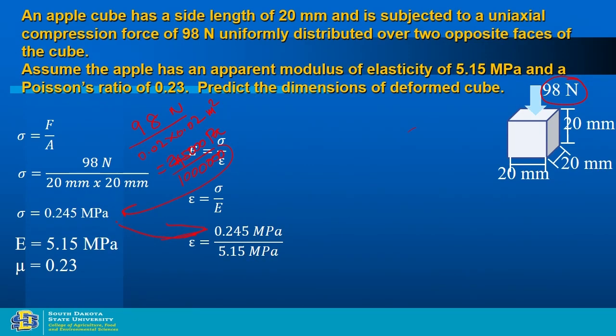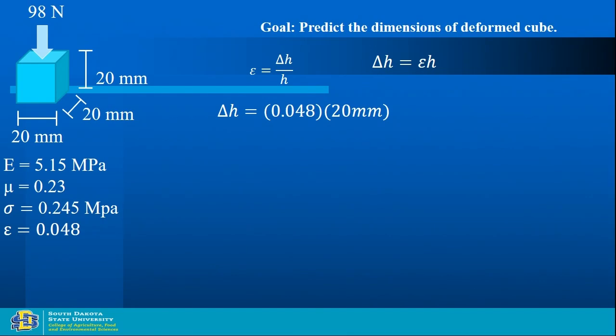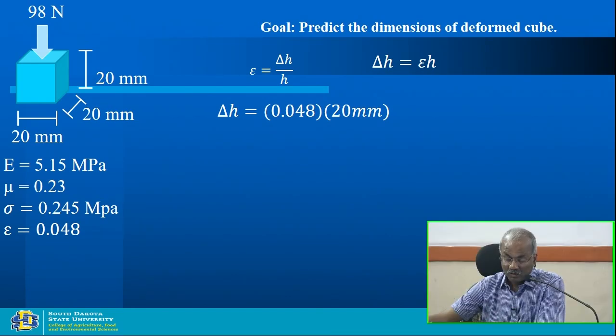So you get 0.048 strain. We take 0.048 and multiply by the height, 20 millimeter, and you get 0.96 millimeter as the reduction in height.